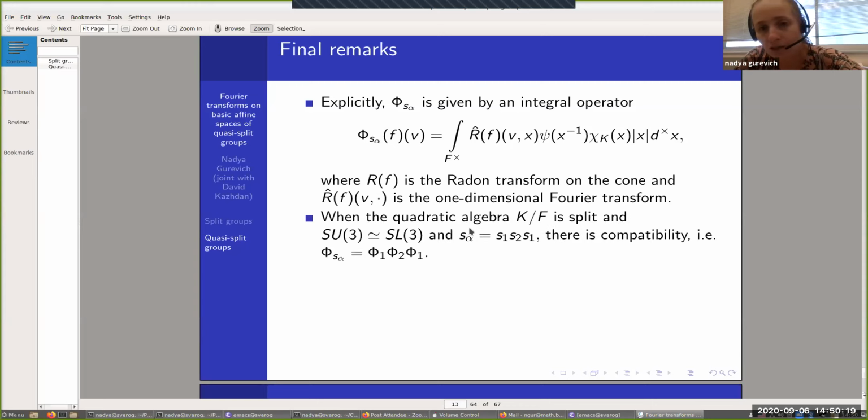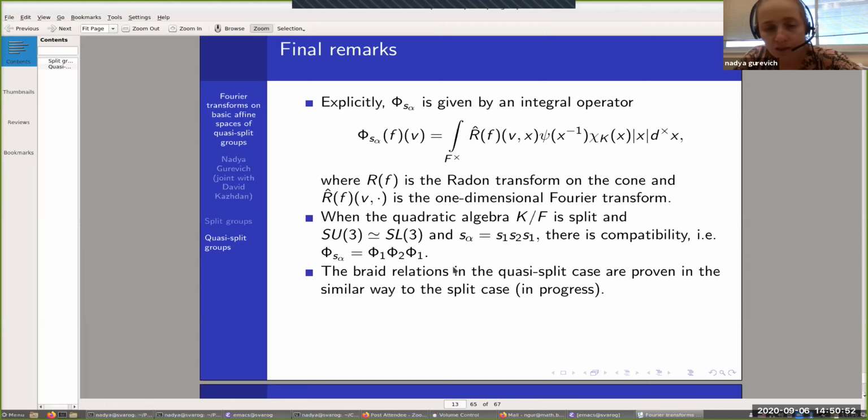The nice compatibility criterion is that when the quadratic algebra for our form is split, in which case SU3 is exactly SL3, it is possible to check that the operator defined by theta correspondence, phi S alpha, is the same as phi1, phi2, phi1, which was defined for SL3. So this shows the compatibility.